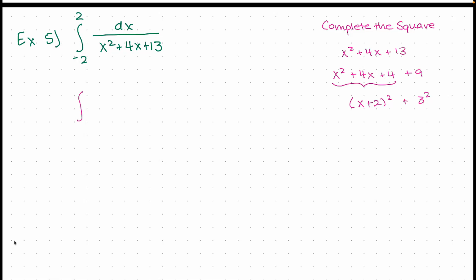So if I go back in here and just fill in that denominator with (x plus 2) squared plus 3 squared, now do you see the arctan hiding in there? So completing the square is a trick that we can use. Go ahead and try to finish it up now that you see that.